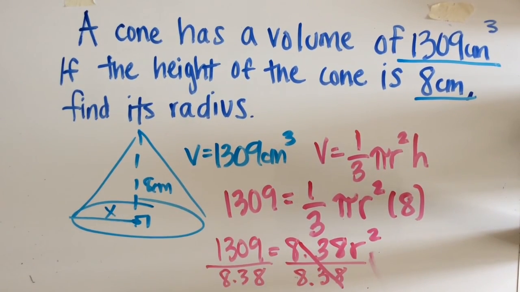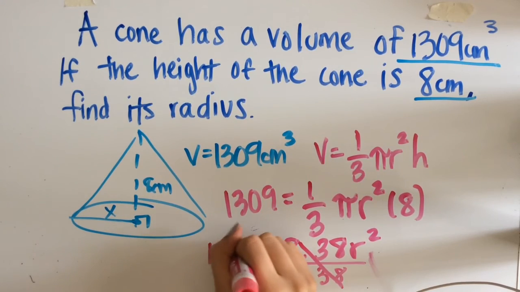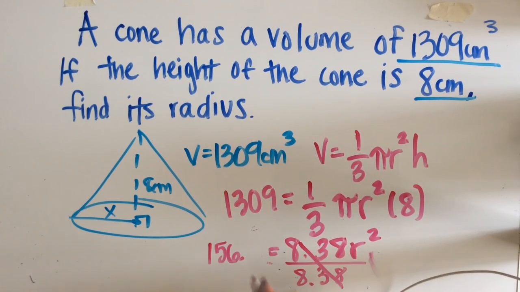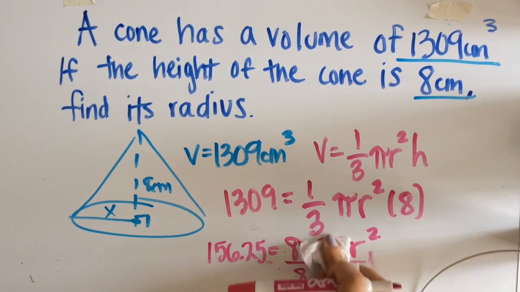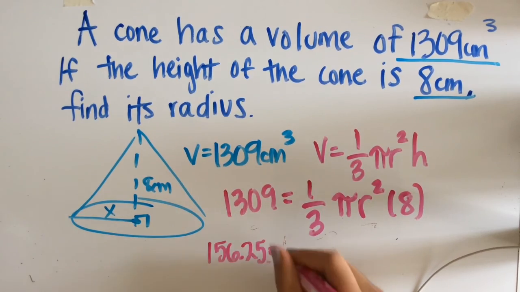So this gets canceled out, and then 1309 divided by 8.38 is equal to 156.25. And since this canceled out, I can just leave r squared alone on that side of the equal sign.